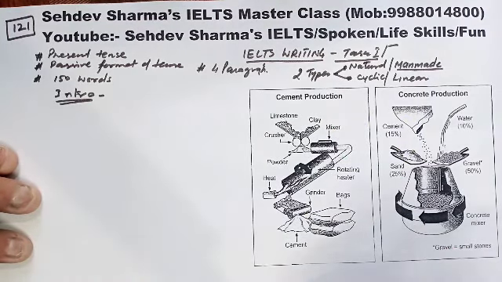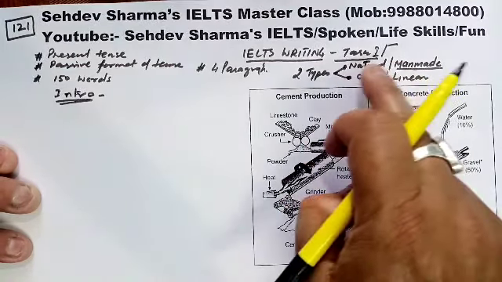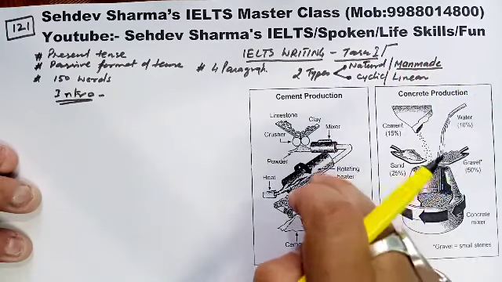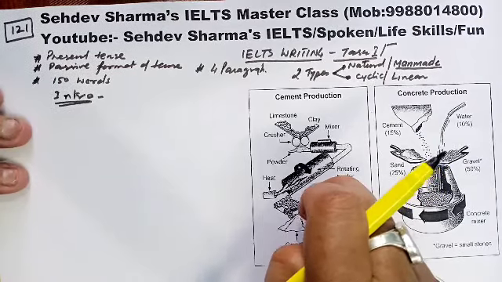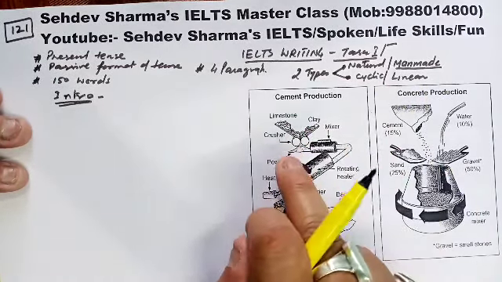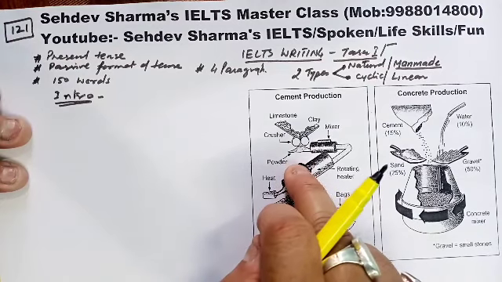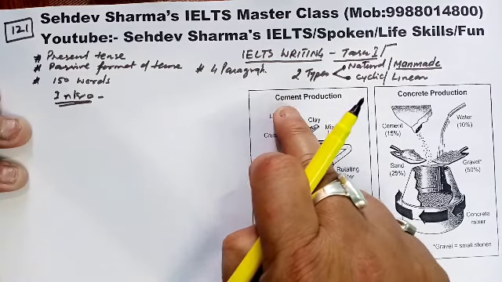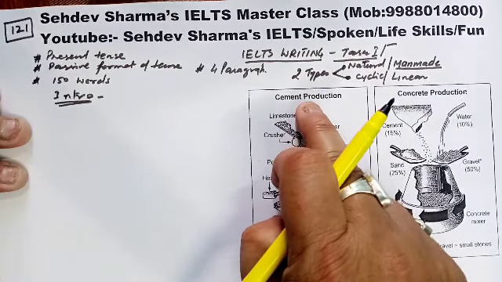That's why it is known as a linear process. My dear students, whether man-made or natural, cyclic or linear, you have to mention it in the introduction. If I write the introduction for this, first I will add: the presented process is a man-made linear process of manufacturing of cement.